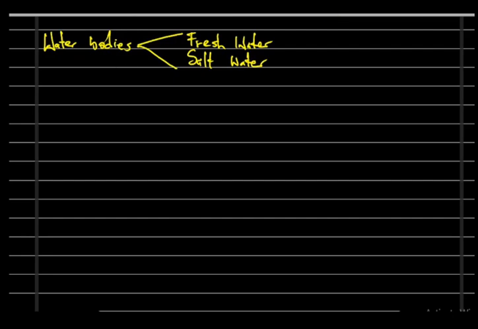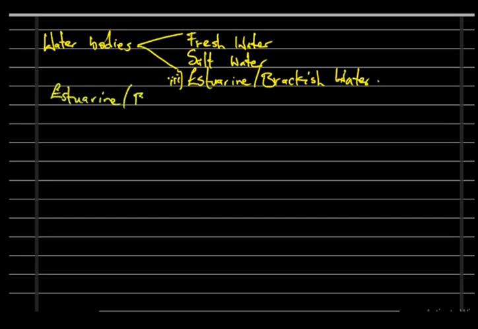And now we have another one which is called estuarine, or brackish water. Now, the estuarine habitat, what do we mean by estuarine?